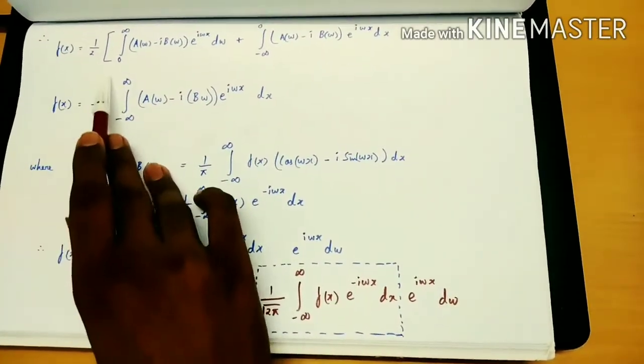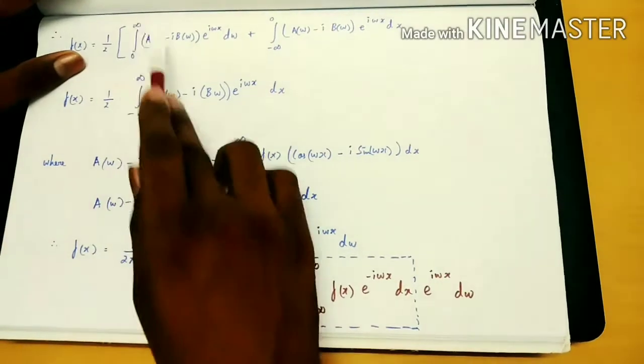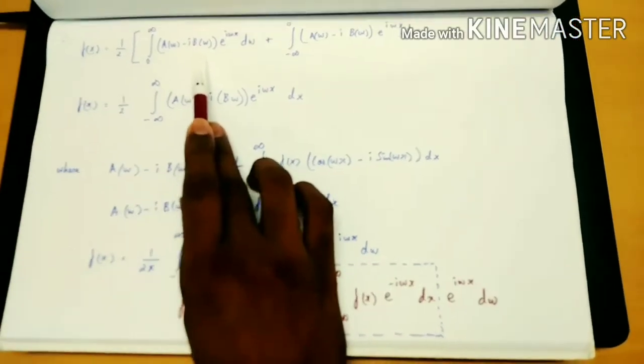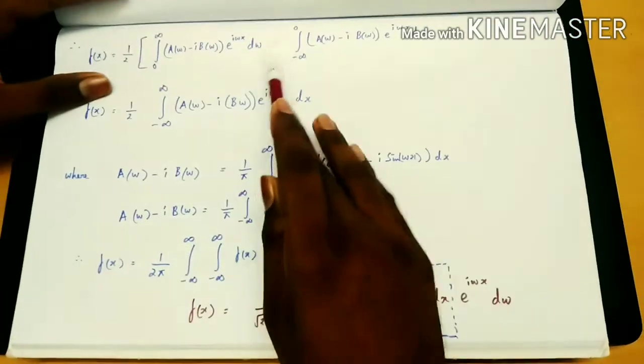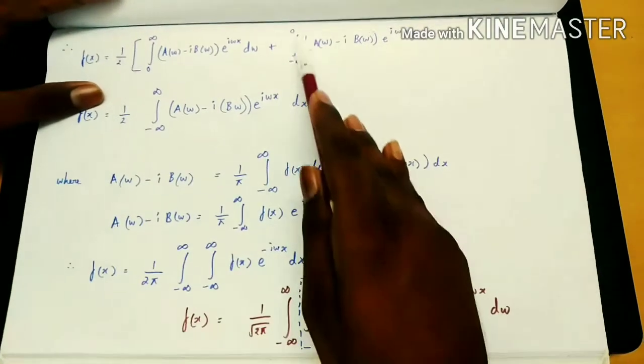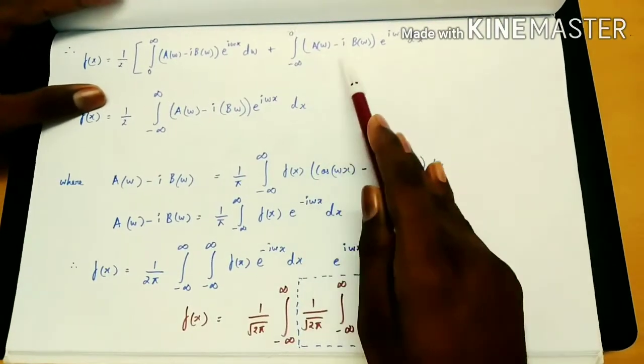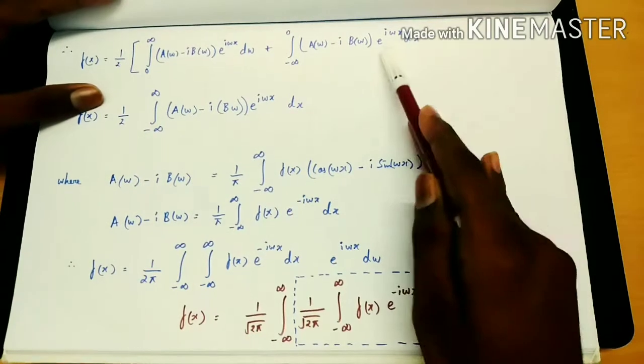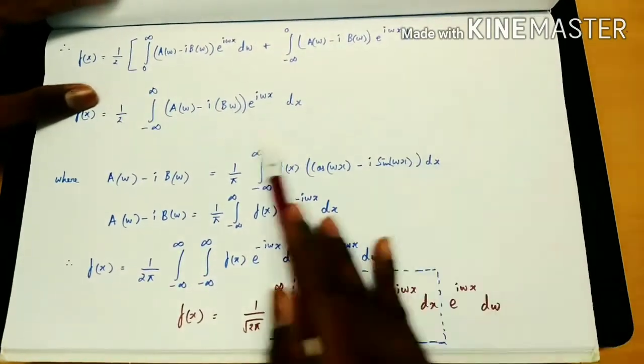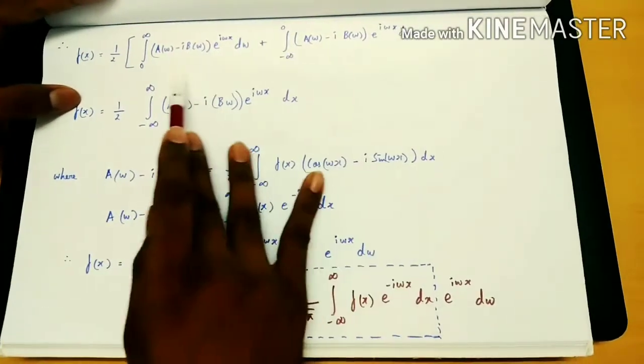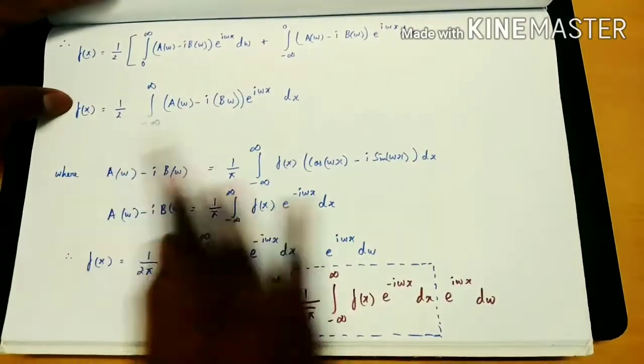So the function becomes 1 by 2 integral 0 to infinity (a omega minus i b omega) into e power i omega x d omega plus integral minus infinity to 0 (a omega minus i b omega) into e power i omega x d omega.